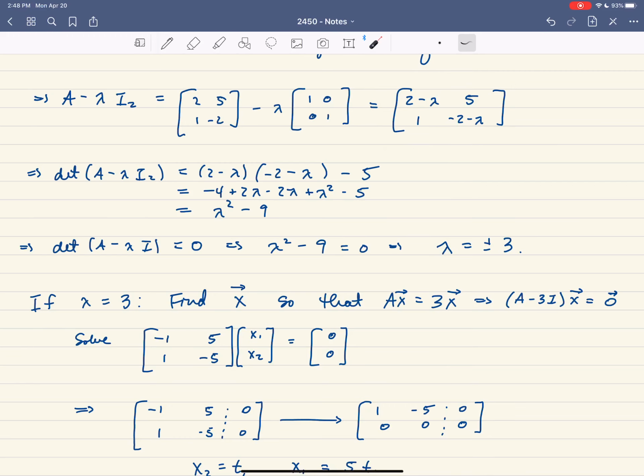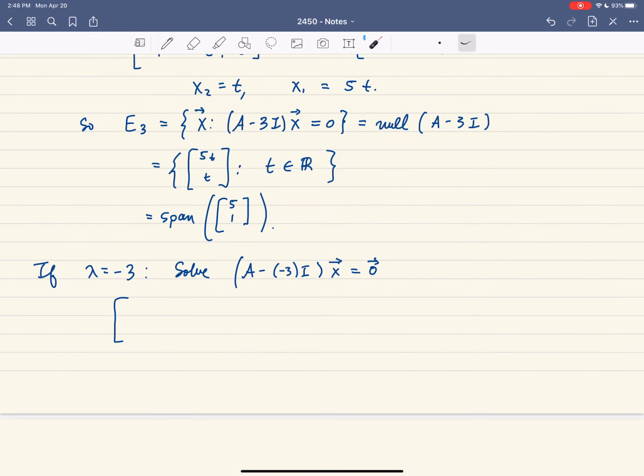So we're going to end up with 5, 5, 1, 1. And then we have to solve when that's equal to 0. So we augment that with a 0 vector and solve it using all the wonderful properties that we know about matrices. It turns out that the solution is going to be 1, 1, 0, 0, 0.